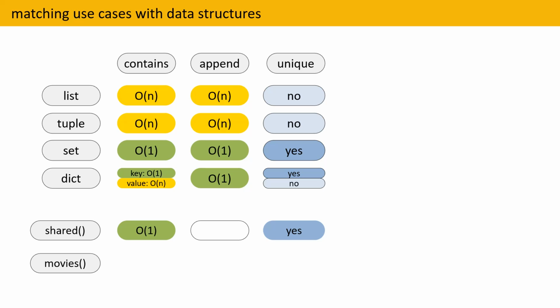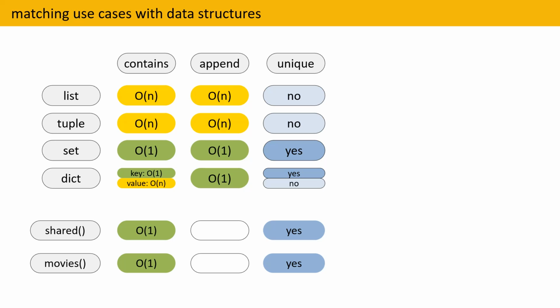We want to retrieve the movies for a given user as fast as possible. We put order of 1 for the computational complexity in the contains column. Similar to the shared function, we keep the requirements for the append operation empty, since that occurs only at loading time. We also want to ensure unique user IDs and put a yes in the unique column.